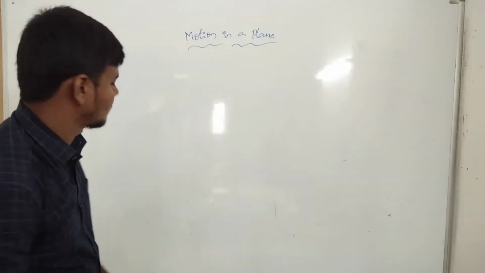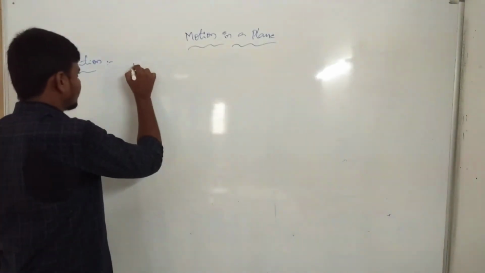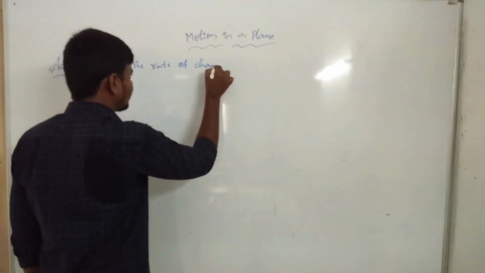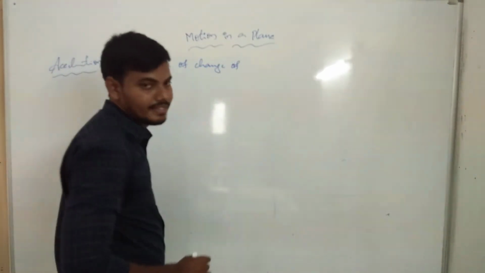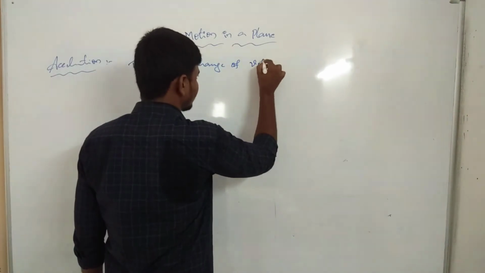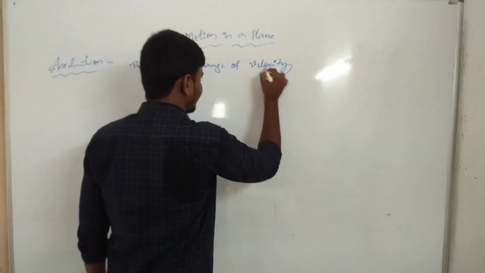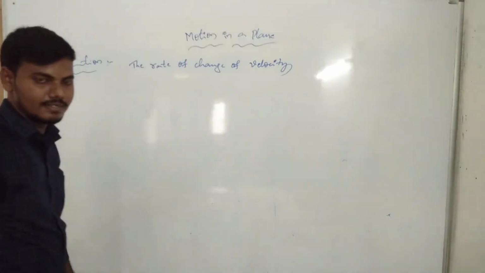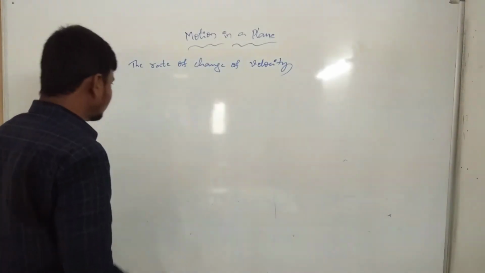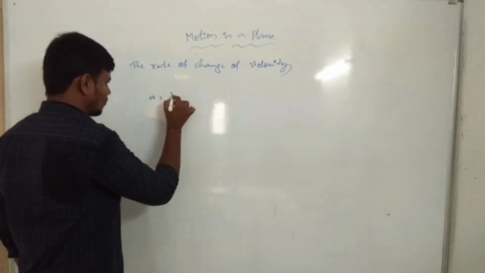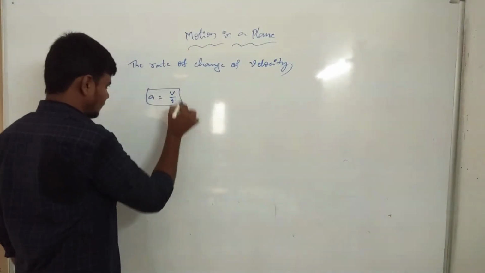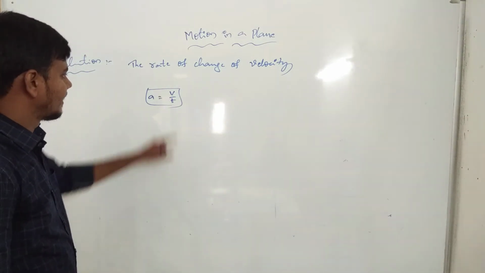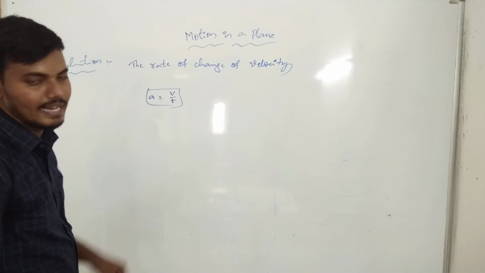I have told you always: acceleration means the rate of change of velocity. The rate of change of velocity is known as acceleration. Now the acceleration equation: a is equal to v by t. The rate of change of velocity is known as acceleration.